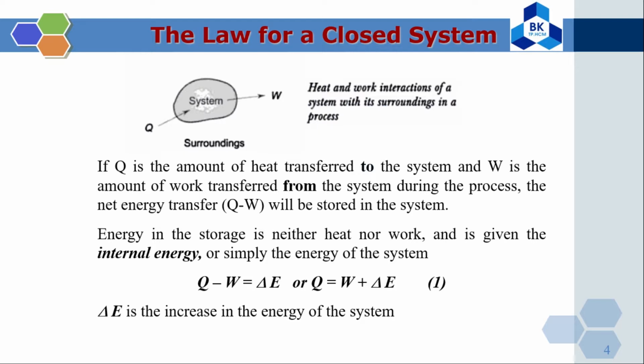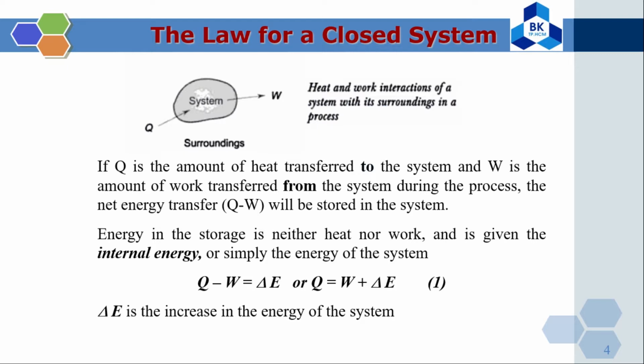When the system receives heat, for example in this picture, Q is going into the system, so it receives Q. Q will be positive. In that case, W is the work produced by the system, and W has a positive value.